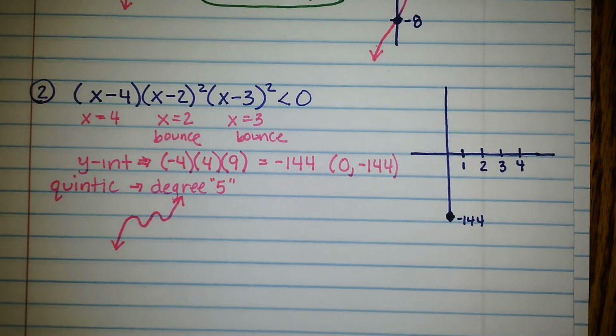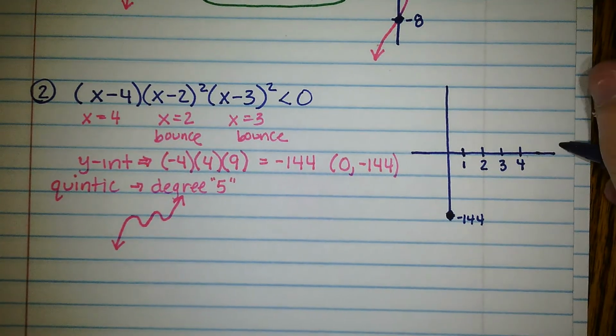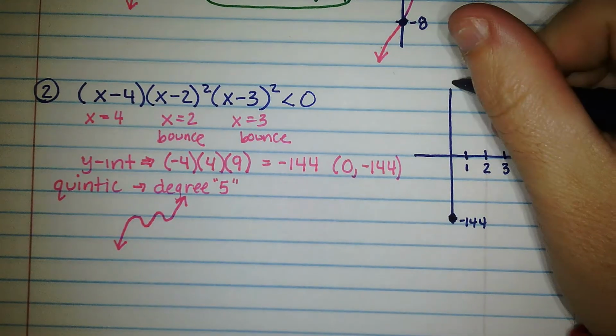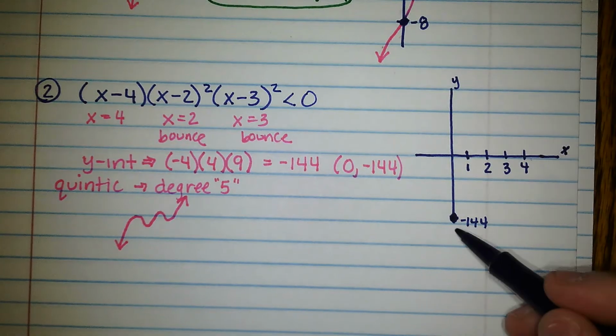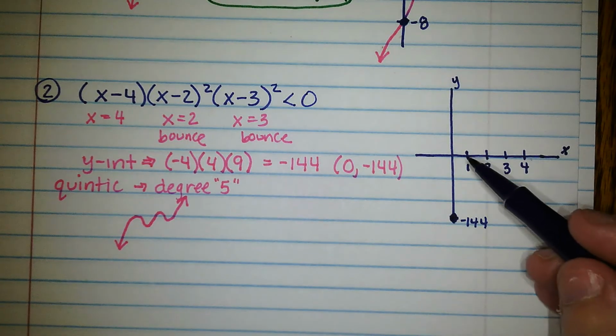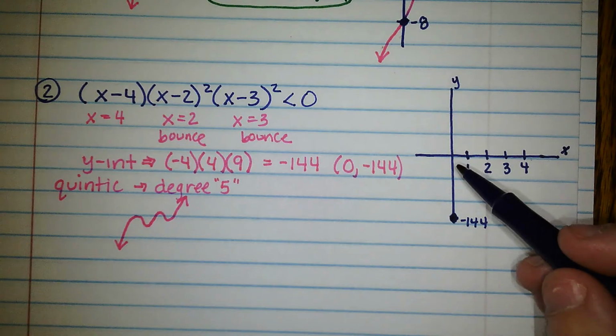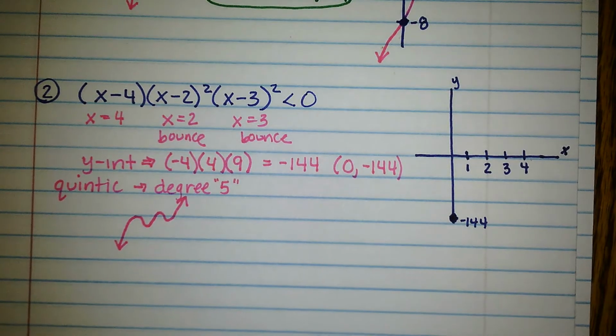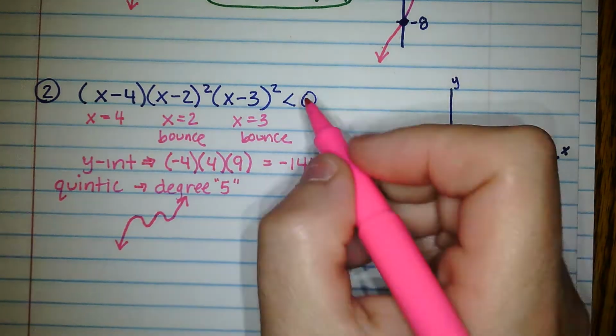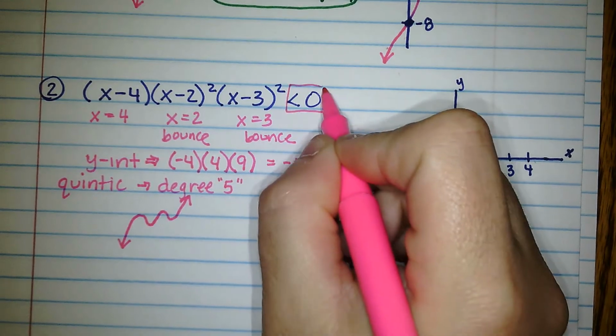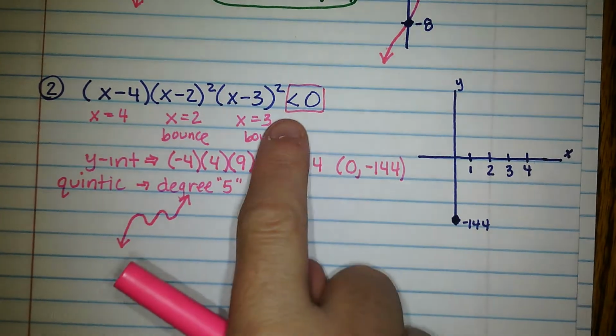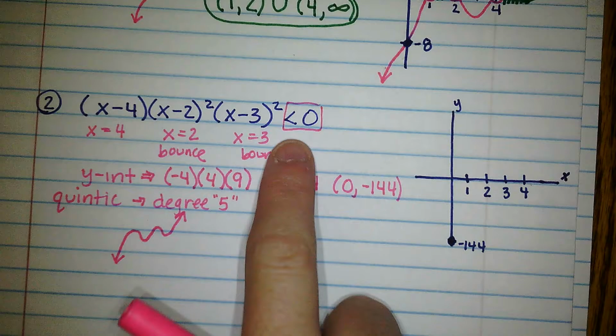Okay, so here it is. I've got my x-axis here, and I've got my y-axis here. I already put my negative 144 down there. And I did feel like I wanted to put the 1 in just so that it looked a little bit more uniform. Now we're looking at this inequality. That inequality says that I need less than 0.